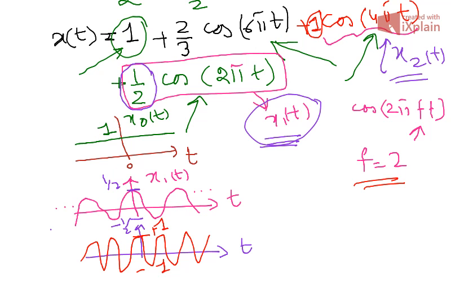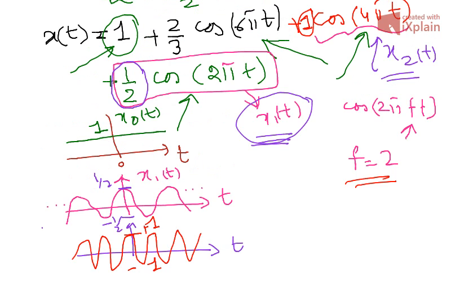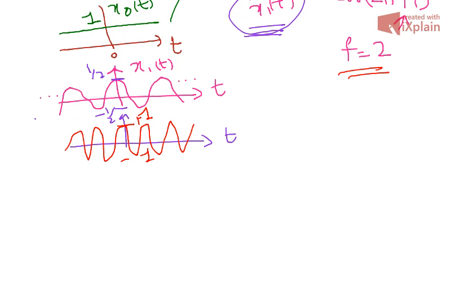Now you can write x3 of t, which is 2/3 cos of 6 pi t. Suppose this is my x3 of t, the third one. It would oscillate between ±2/3, and if I want to plot x3 of t, it has a much higher frequency, right?